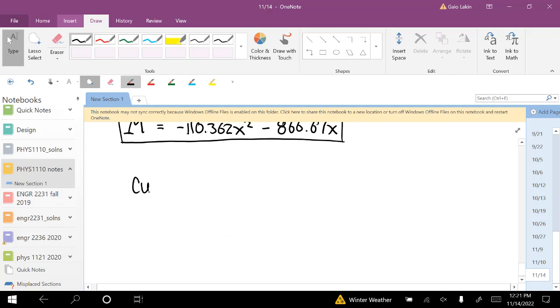Okay, so now cut 2. And it goes from 1.1547 to 2.3094.